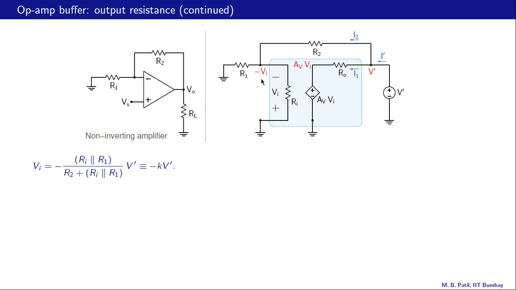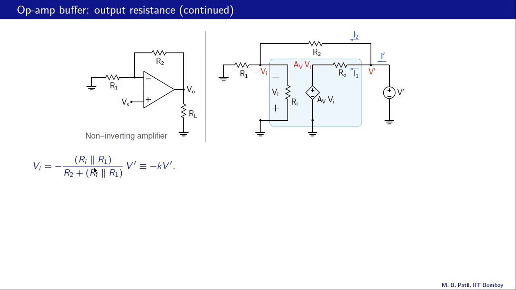So minus Vi would be this R1 parallel Ri divided by R2 plus R1 parallel Ri, times V prime, and that is simply voltage division. So this is what we get for Vi in terms of V prime.